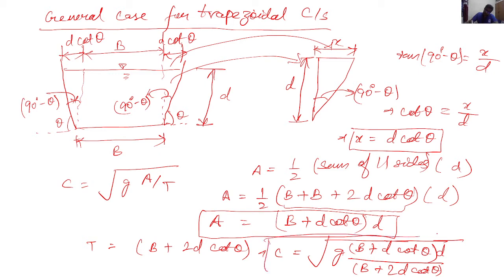So we get an inference that trapezoidal cross sections contain the term θ. In general, the celerity of a trapezoidal cross section happens to be a function of the subtended angle. So C is a function of the subtended angle. That is what I wanted to infer from this generalized example.